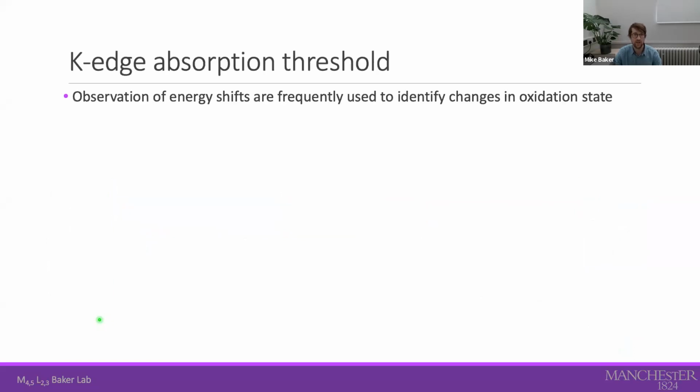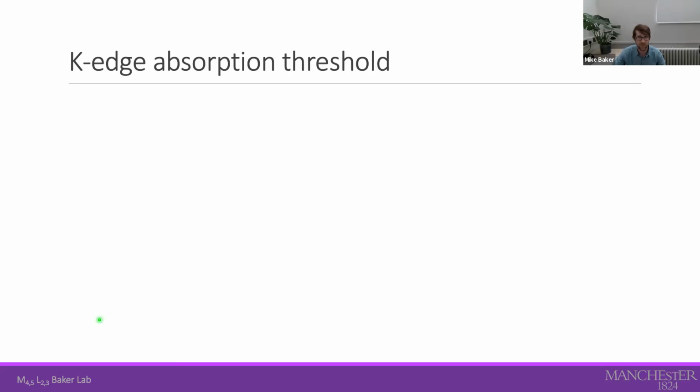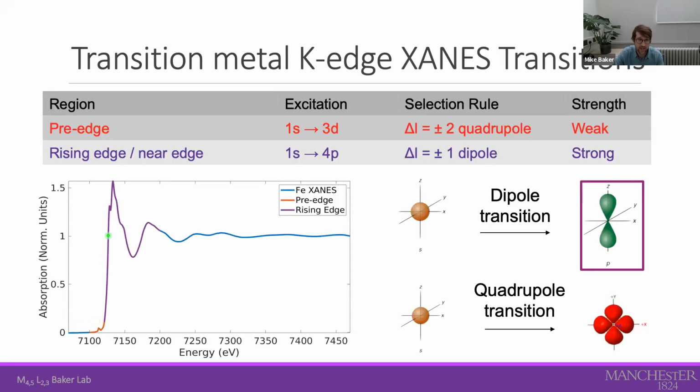Another thing worth noting is that often this pre-edge region, and beyond the pre-edge region the rising edge, is used as a means to quantify oxidation state. So as you reduce the ion that you're probing, say iron 3 to iron 2, you'd expect this absorption threshold to decrease in energy.